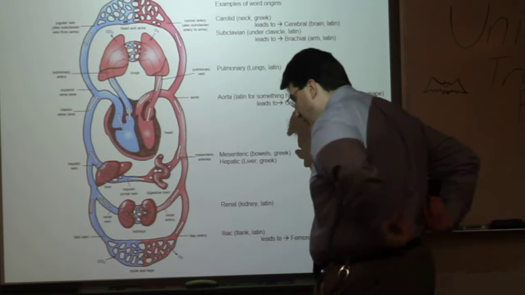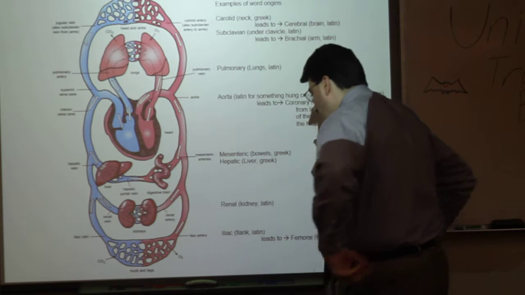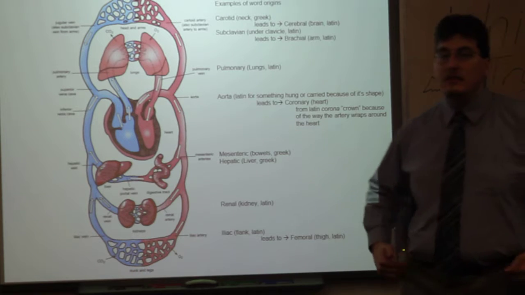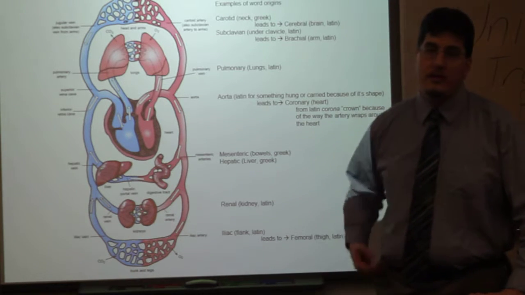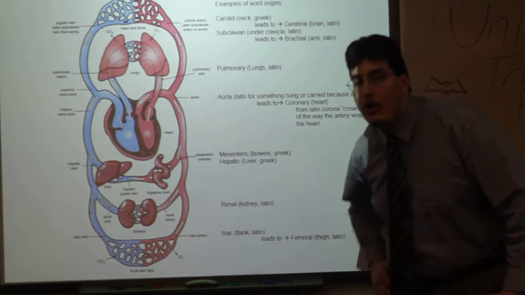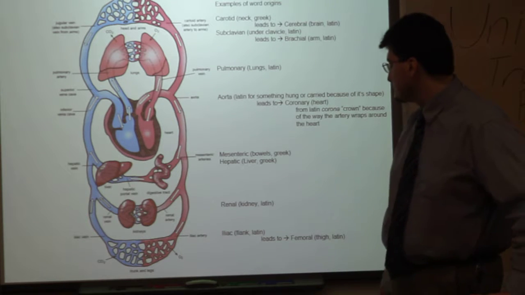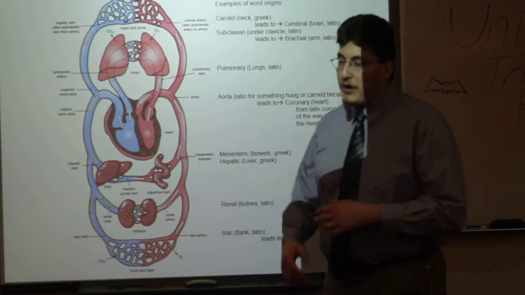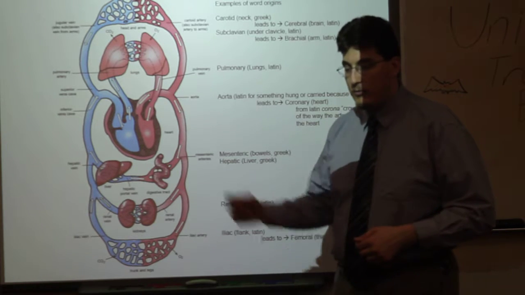So your iliac arteries run here, and those are your flanks. These lead to the femora, the femur, the thigh. So your femoral arteries are in the thigh, and that leads to your femur. Now, this is probably where that little link is going to go, right around here.